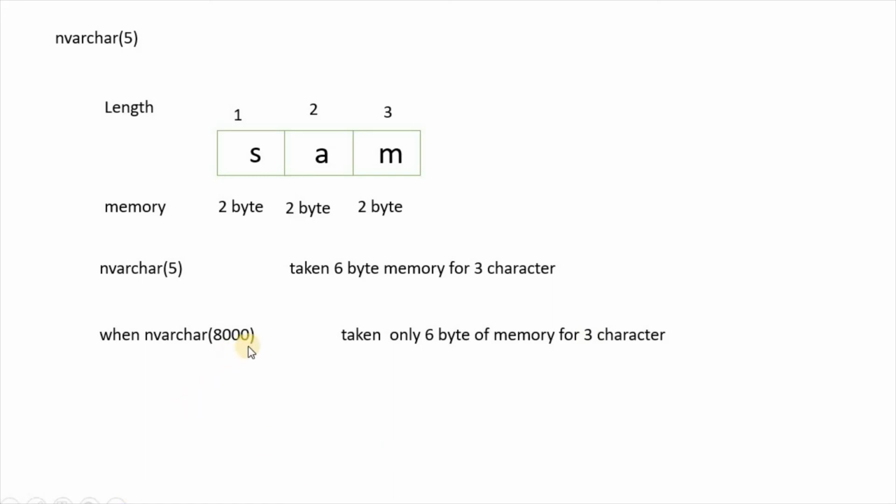So when nvarchar has size 8000, it takes only 6 bytes of memory for 3 characters. It is now corrected. In the previous one it was written 6 bytes of memory for 6 characters, but it actually takes only 6 bytes of memory for 3 characters.